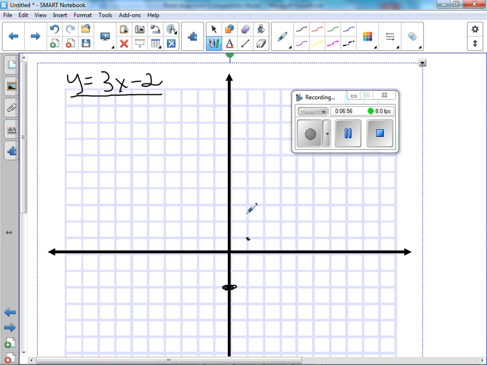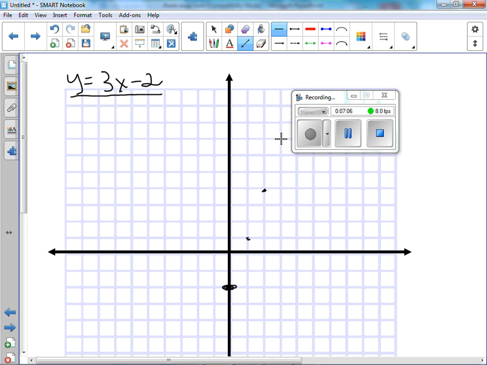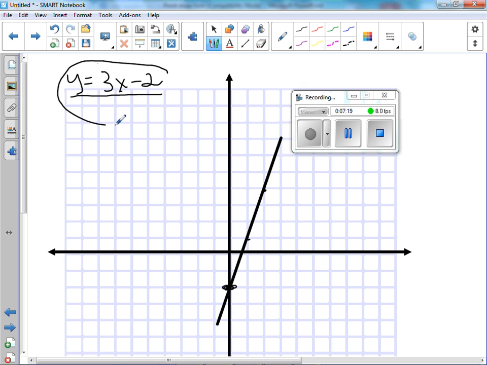If we continue counting up 3 and over 1, we know the slope is the same, 3 over 1. I can keep going up or down. Now I'm going to connect this, and this is the line that was created from the equation. So y equals mx plus b is the way that you can determine the equation of a line. If you have it in y equals 3x minus 2, the slope and the y-intercept, you can easily graph the line.